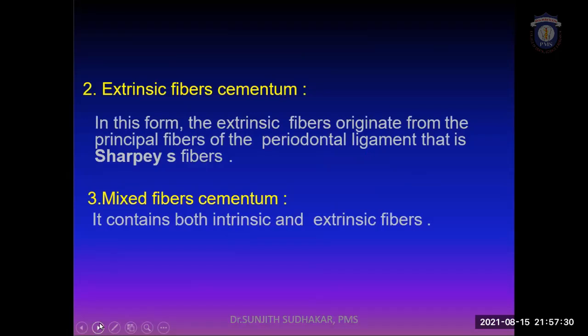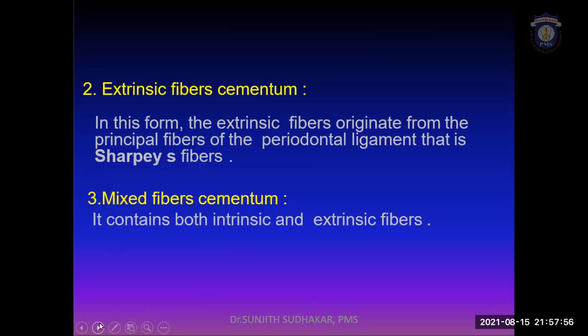The second type is extrinsic fiber cementum. From the name itself, we can assume that the fibers are extrinsic or externally synthesized. In this form, the extrinsic fibers originate from the principal fibers of the periodontal ligament, and they are termed Sharpey's fibers. These Sharpey's fibers help to attach the tooth to the alveolar bone.